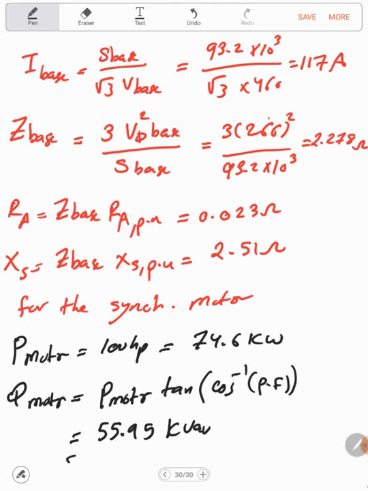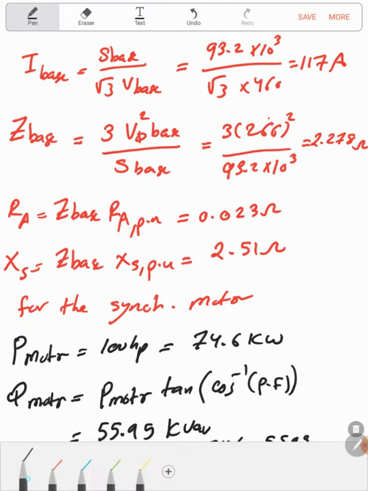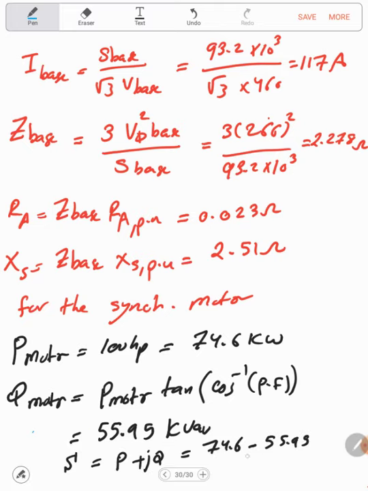So S as a vector equal P plus jQ, so this will equal 74.6 minus j55.95, minus here because we have a leading power factor.